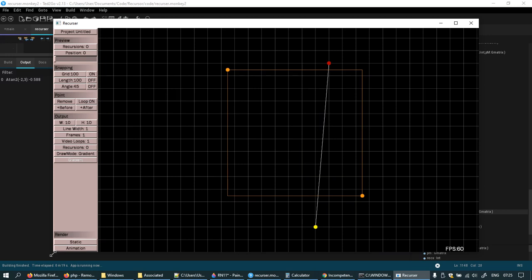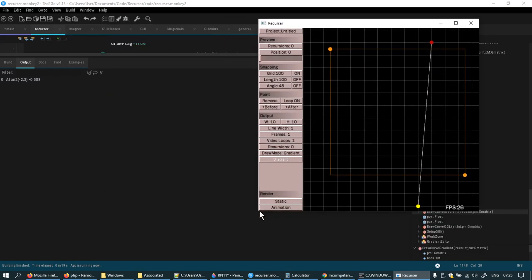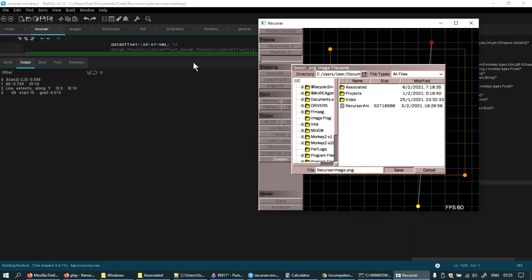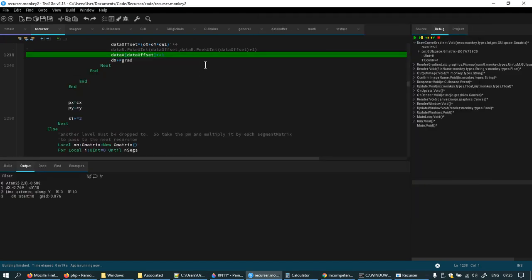Okay, show me what you got. Index out of range. Now look, line end is 10. That is not correct, is it? If the line end is 10, that is going to be out of range. Let's have a little look again.